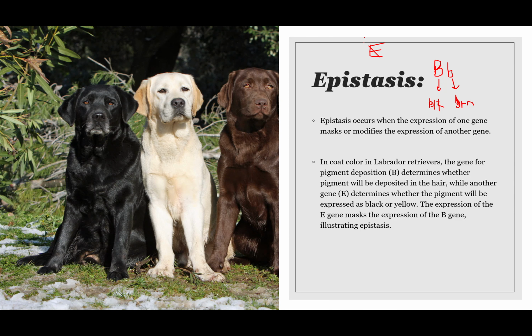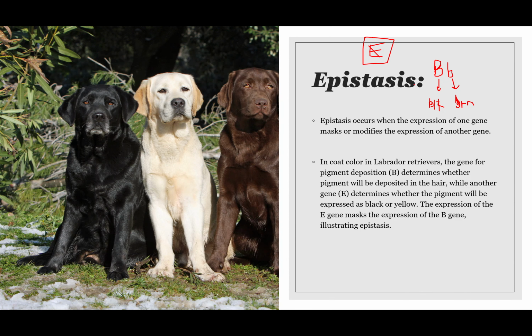Now, what we're demonstrating is epistasis. Epistasis determines whether or not the genes will be expressed at all. It can modify the expression of the gene, so it can actually inhibit it. For example, let's say that you are heterozygous in this case, and you will present black.